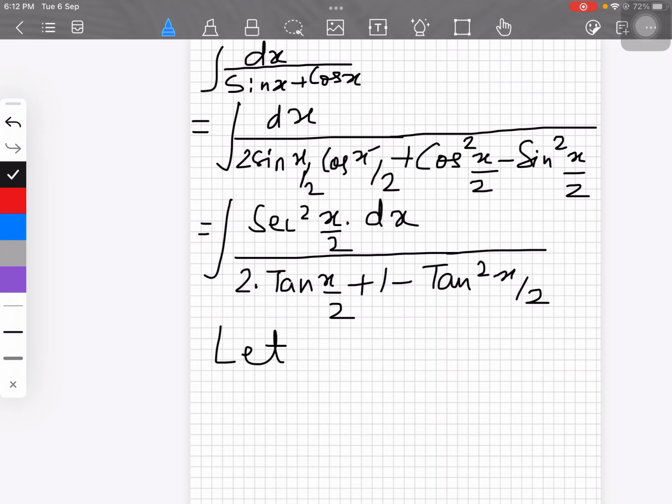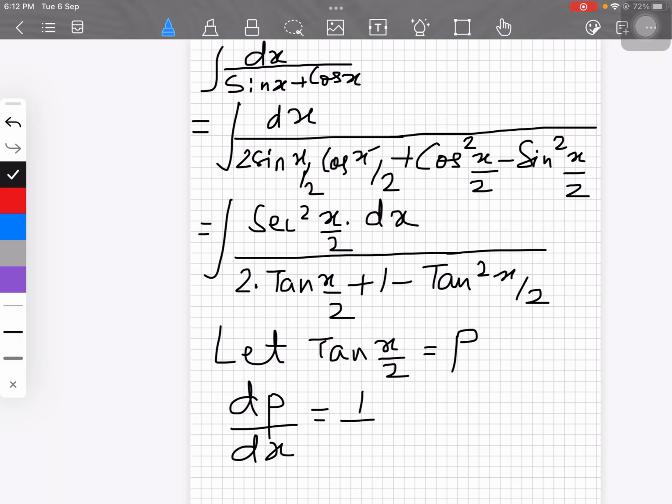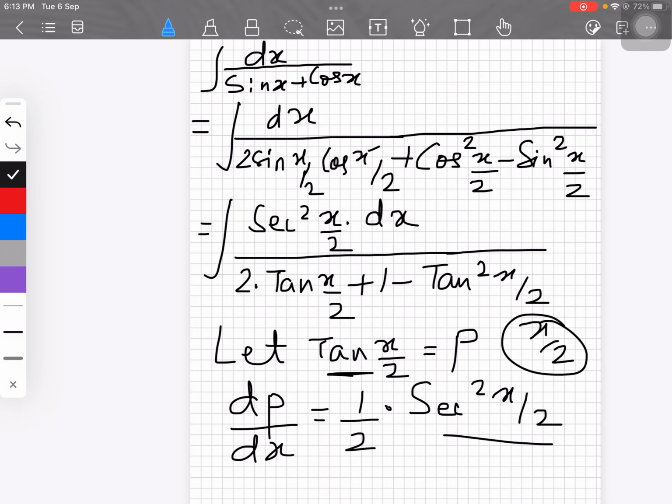Let us suppose tan x over 2 is a variable, let's say p. Now let's differentiate p with respect to x. It is not difficult at all. Tan x over 2 gets differentiated with respect to x over 2 in the beginning, and then x over 2 gets differentiated with respect to x, which gives us 1 over 2.